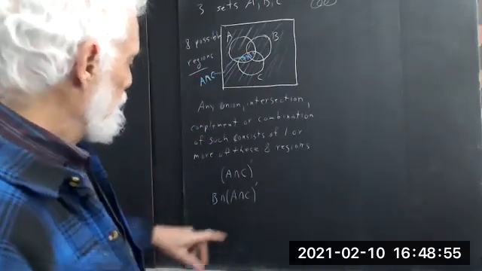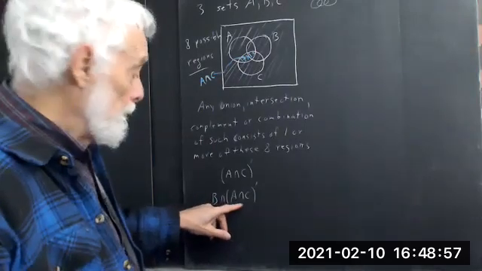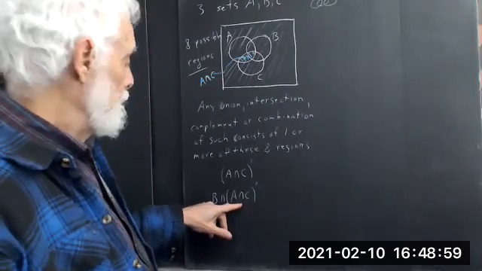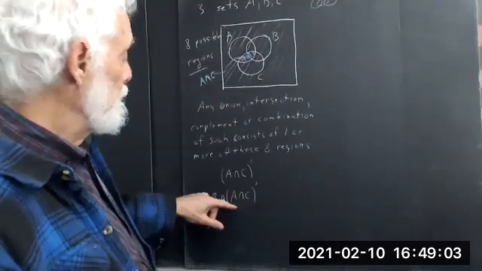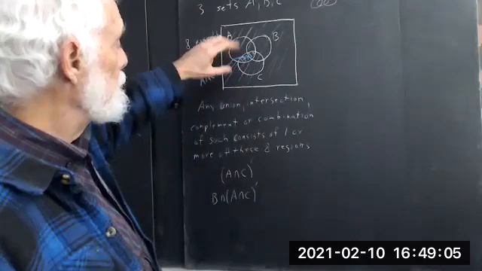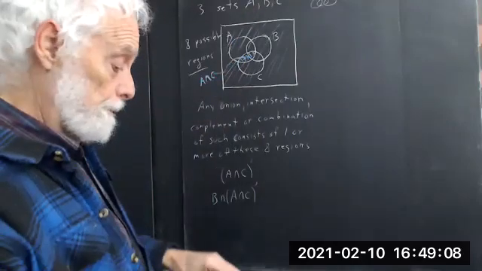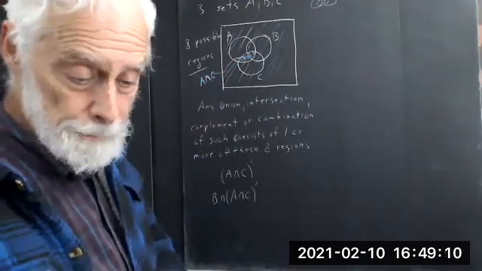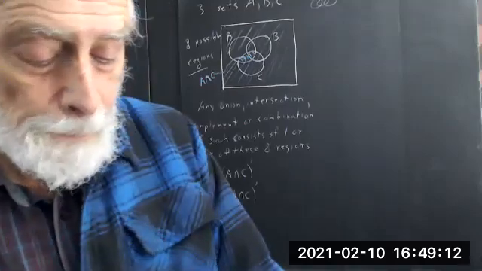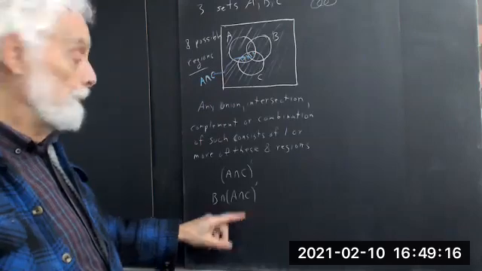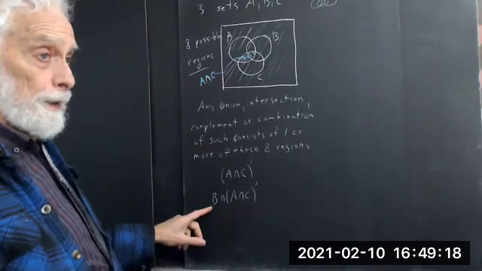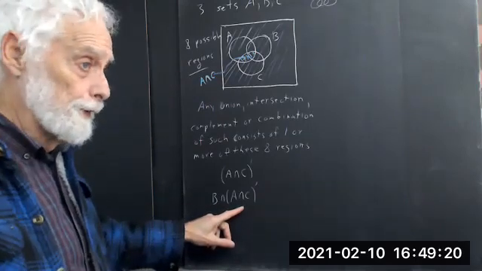Once more, we would probably start by shading A intersection C to see where it is. And then we get A intersection C prime by shading everything outside of that. And then we would get B intersection A intersection C prime. That'd be everything in B that's also in A intersection C prime.